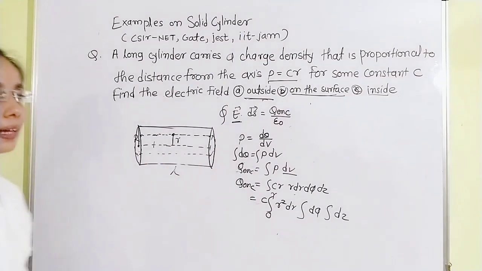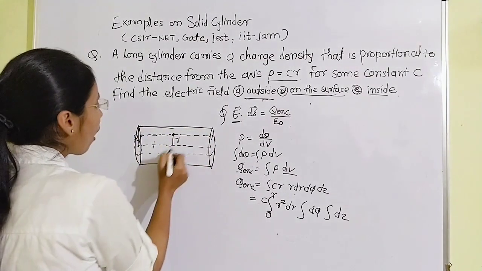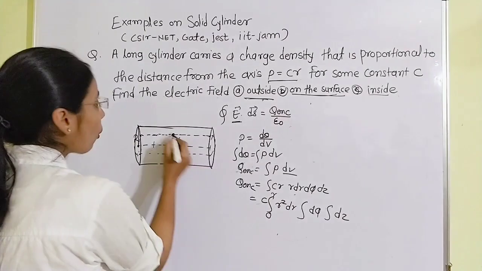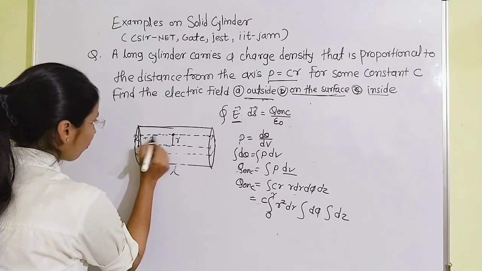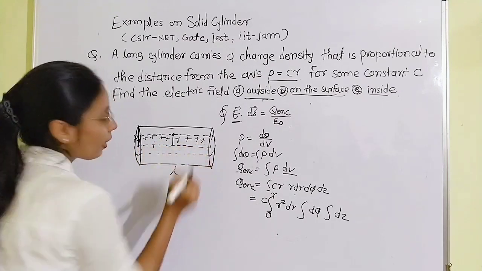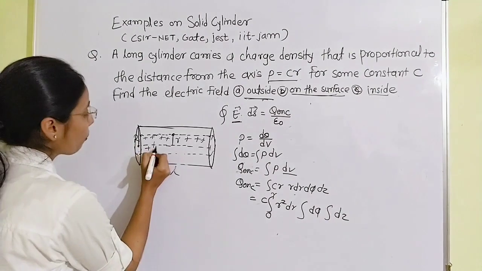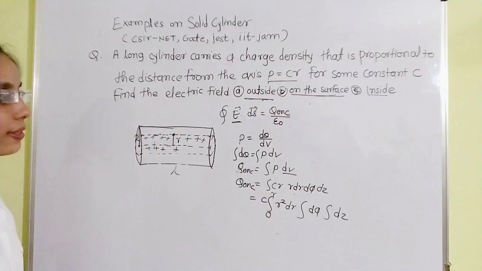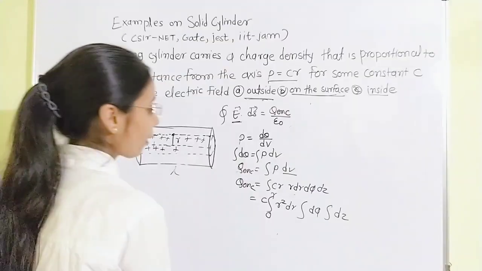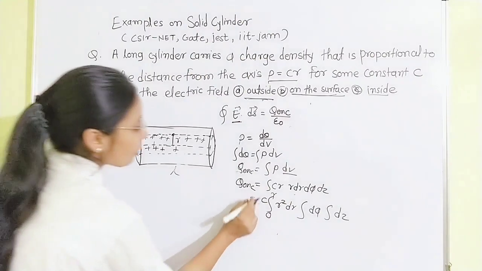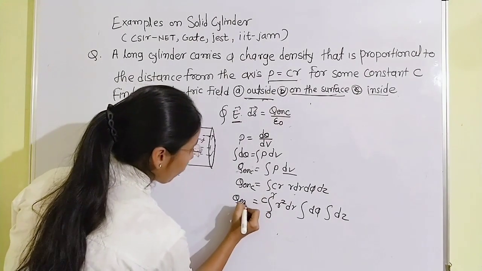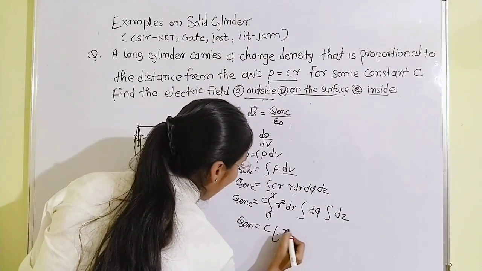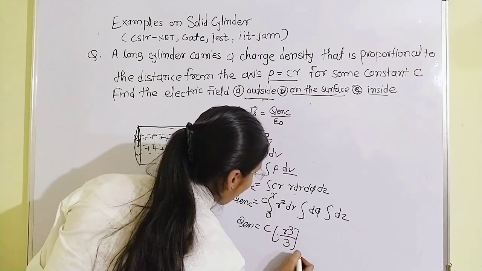We are finding the electric field inside this cylinder. In this case we have to take the limit for r as the Gaussian limit, because the charge density present here has a limit of 0 to small r. Because of this, the limit for r is 0 to r. That is, Q enclosed is equal to C into r cube by 3, 0 to r.